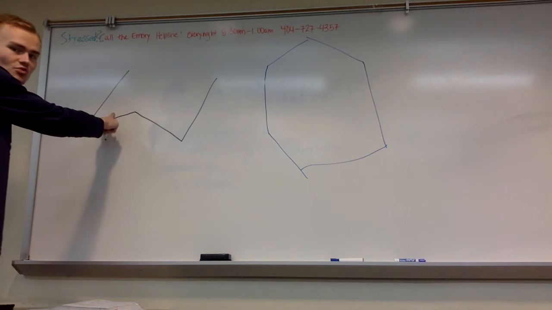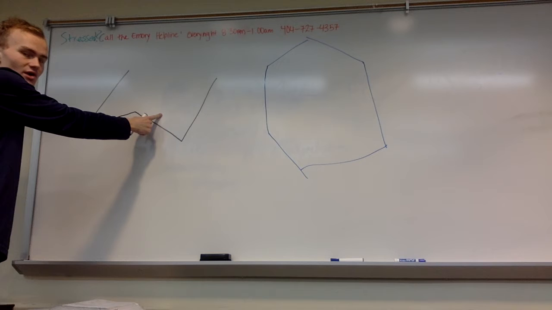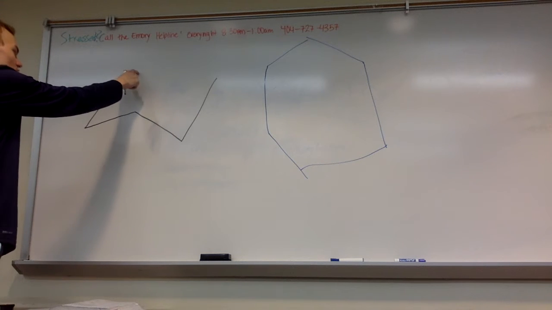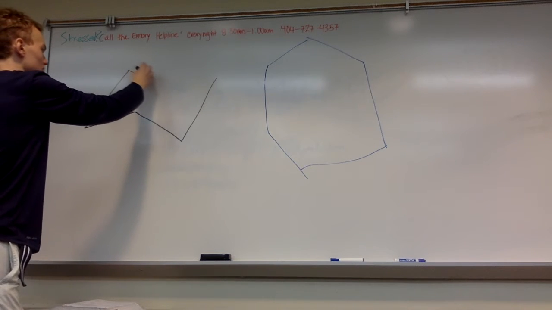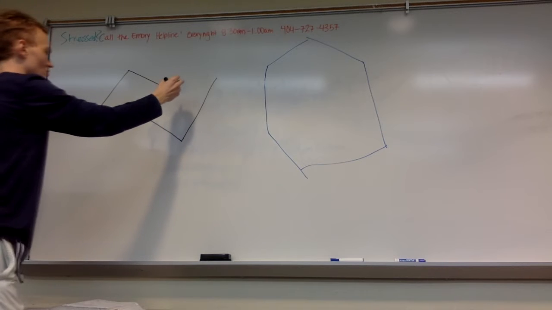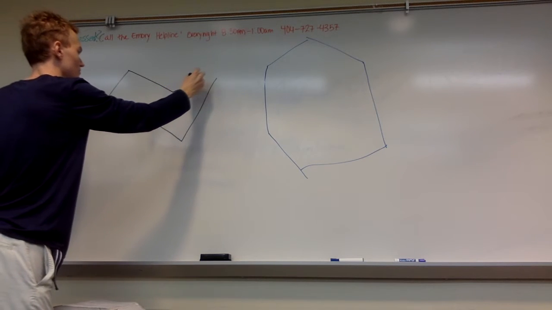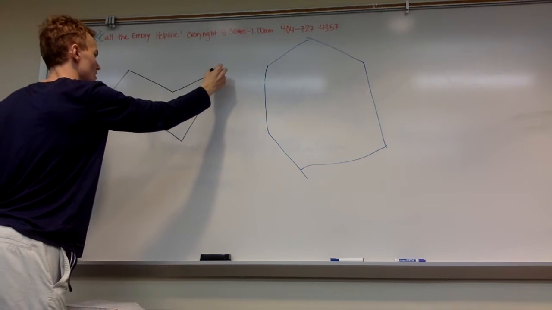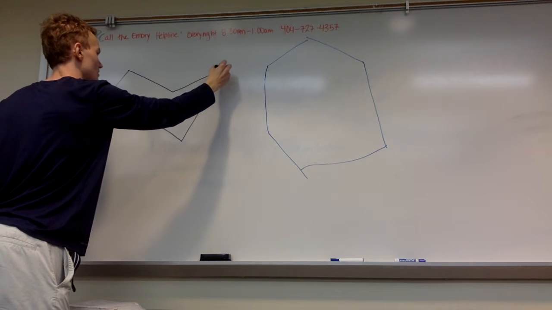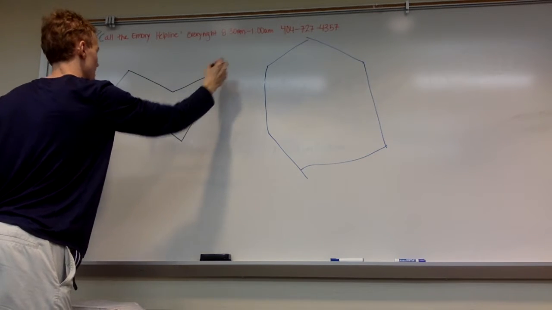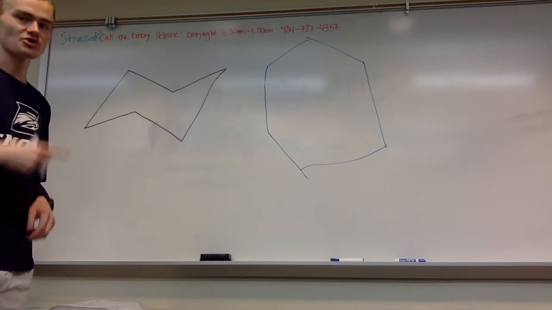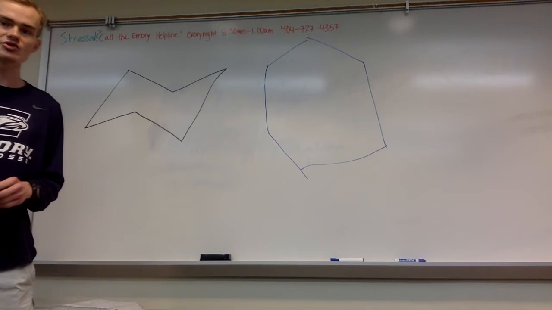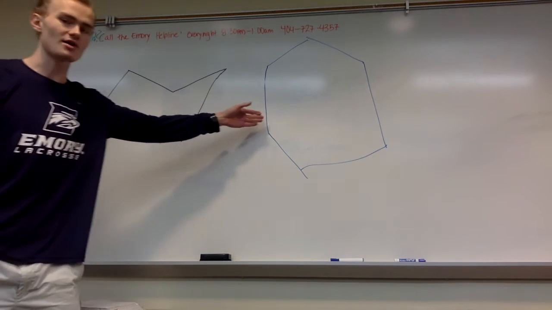So here we made this one short, we made this one long, so now we're going to have to make this one long. And then, of course, this one will have to be short. And you can feel free to extend the lines, okay? So this is how you draw this.